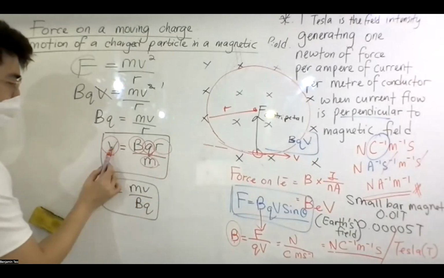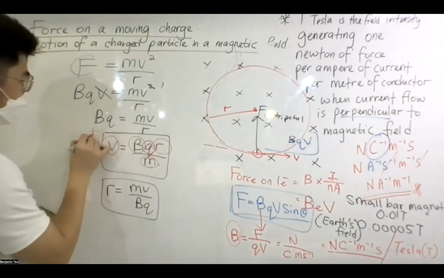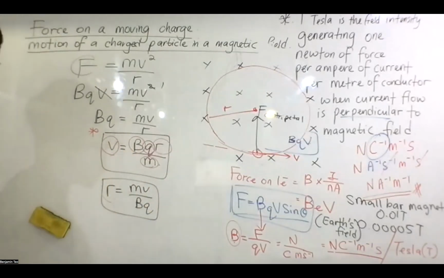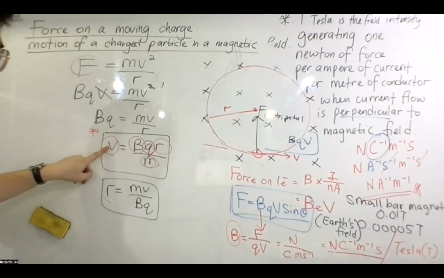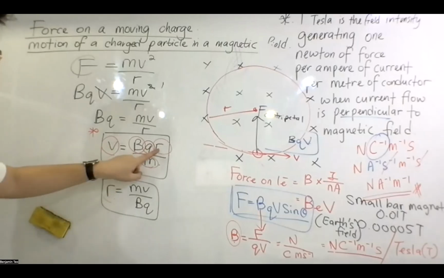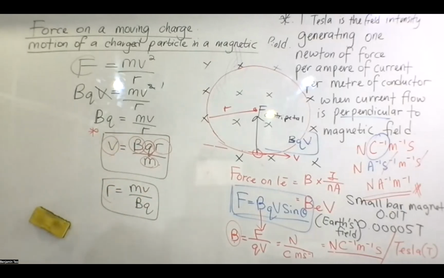Here again, you have another relation. Sometimes they will ask this. Sometimes they ask you to find the radius of the circular motion. Okay, you use this one.